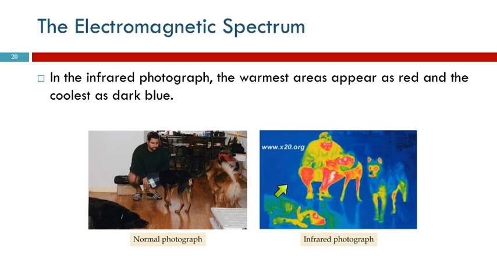We would see this even if that room was in complete darkness, no visible light, because this is just the infrared energy being given off by warm objects. This is called night vision. It's very different than actual visible light vision, but you can see warm objects even when it's completely dark. Pretty neat.